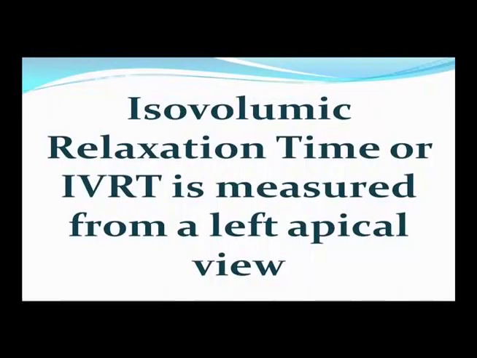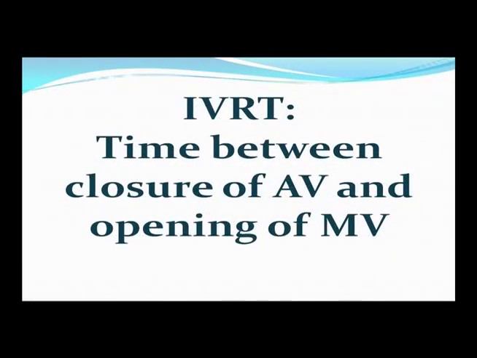The isovolumic relaxation time is an optional cardiac measurement that can be made from a left apical five-chamber view. It is the period of time between the closure of the aortic valve after left ventricular systole and the opening of the mitral valve.